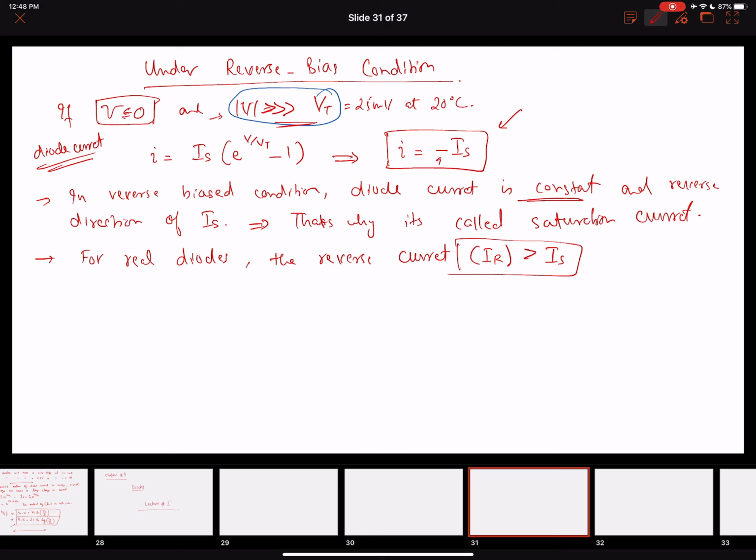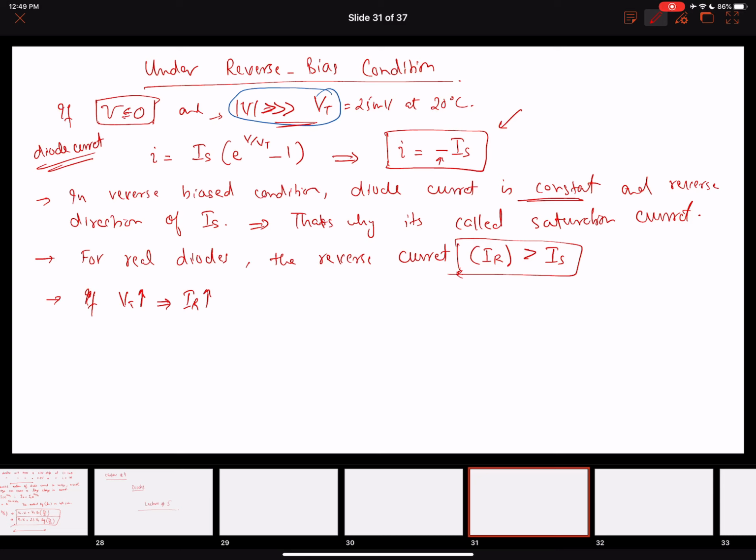The negative sign shows that our current is flowing in the negative direction, the reverse direction of the scaling current. However, for real diodes, our reverse current is usually slightly larger than the scaling current.